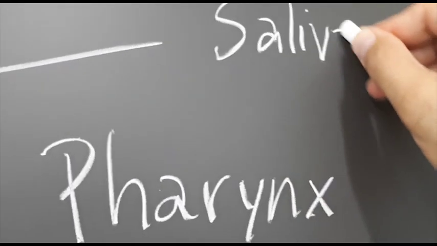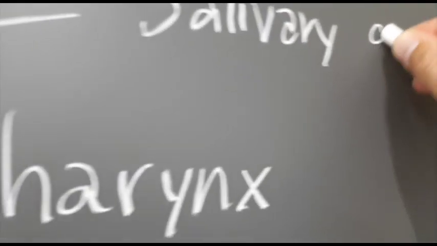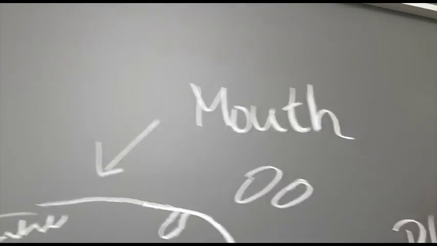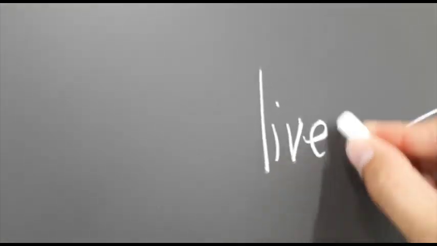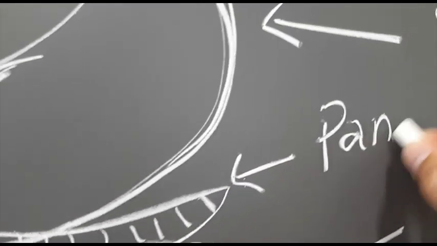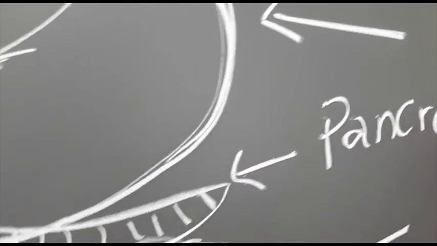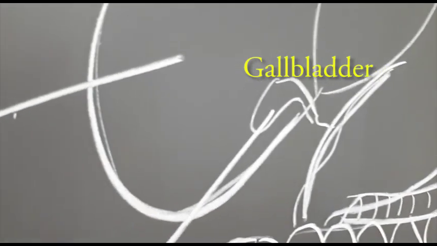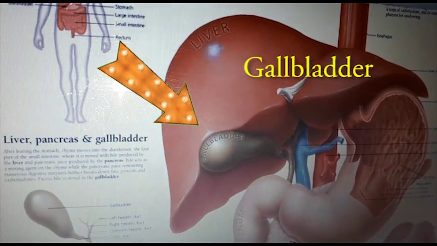Now we have other things. Here we have the salivary glands. Okay? Here we have the liver. This is the liver. Here we have the pancreas. This one is a very small structure there, as you can see.